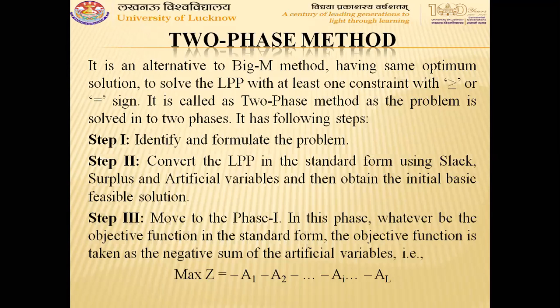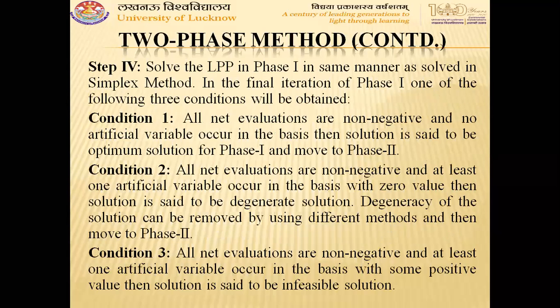That means if we have L variables, then we can write the objective function as maximum of Z equals minus A1 minus A2 and so on minus AL. That means negative sum, or you can write minus within brackets A1 plus A2 plus so on AL. Then in the next step, the LPP is solved in the same manner as in the simplex method.